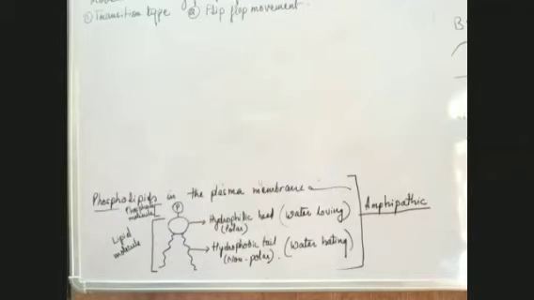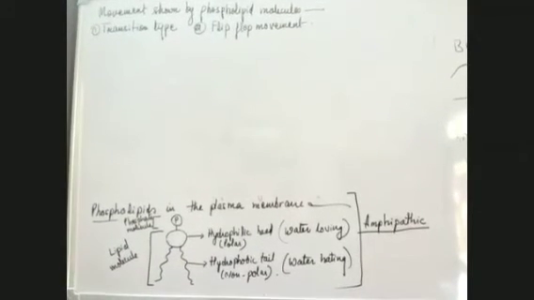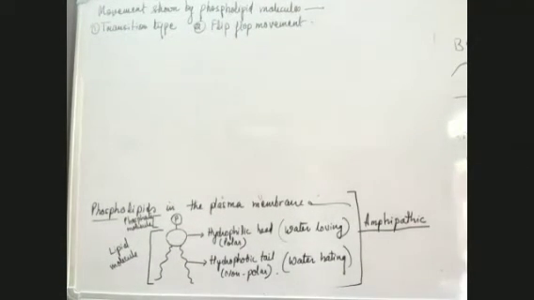This movement you will be able to understand once I draw the structure of the plasma membrane, otherwise it will be difficult for you to understand. So right now I'll not be telling you what is transition type of movement. This I'll show when I draw the diagram of plasma membrane.